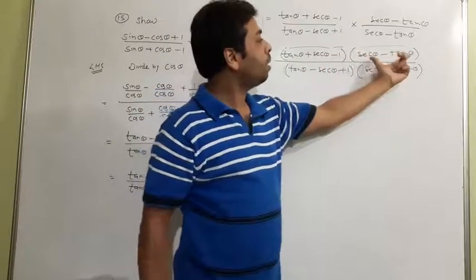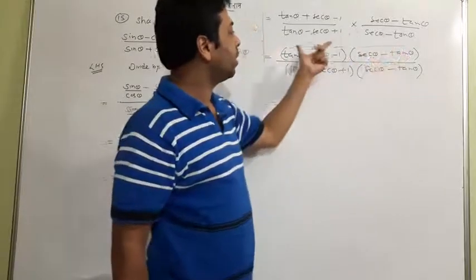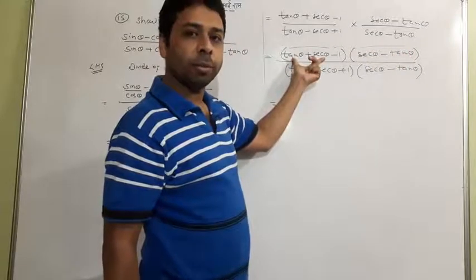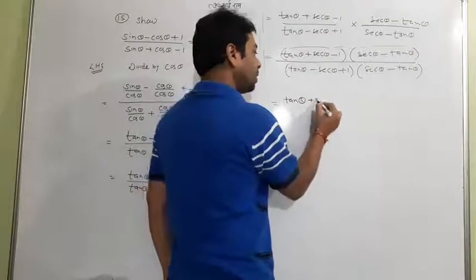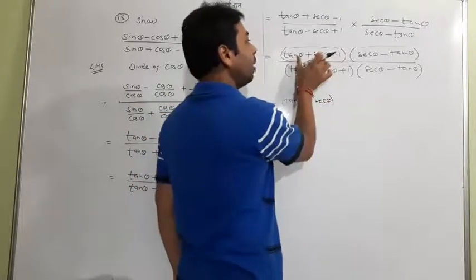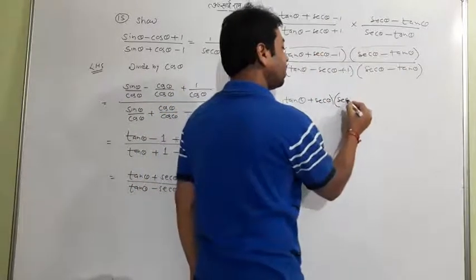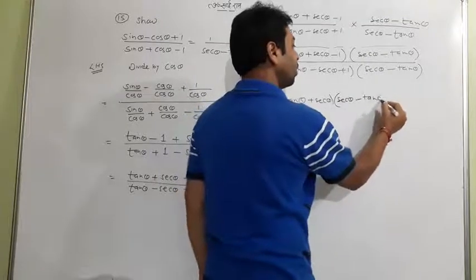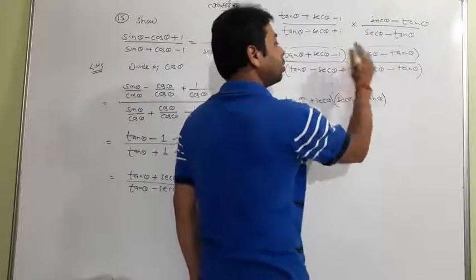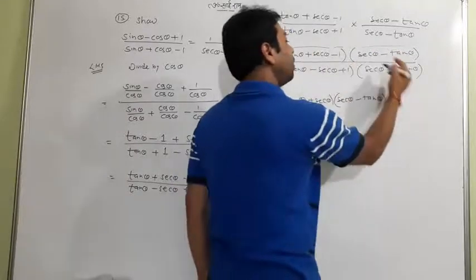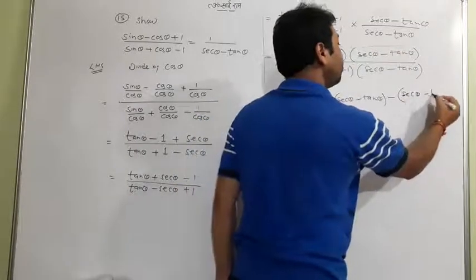So I will multiply the whole sec theta minus tan theta into the term tan theta plus sec theta. How will I multiply? Write in a bracket, tan plus sec is my first term. I will multiply it with sec theta minus tan theta, and then these two multiply. And then this will multiply with 1. So it is minus, and when 1 multiplies with that, the same will come. But use a bracket also.